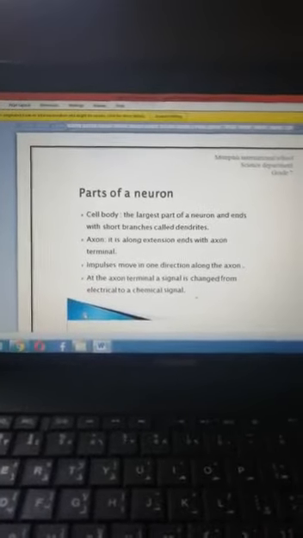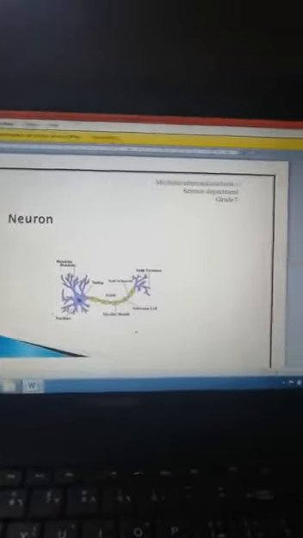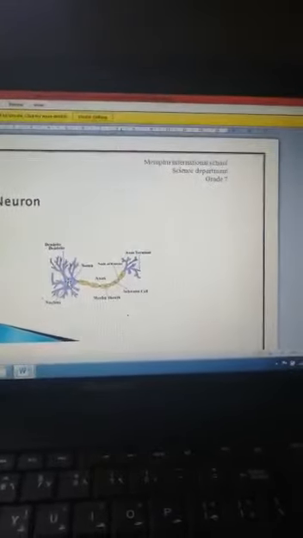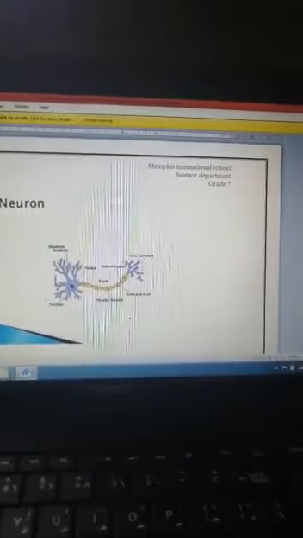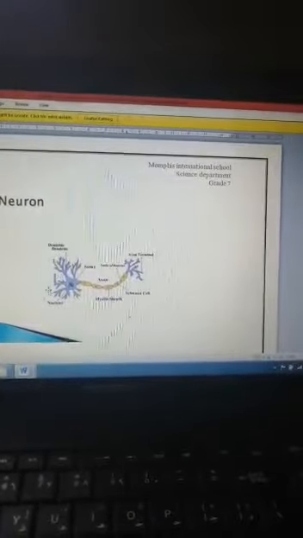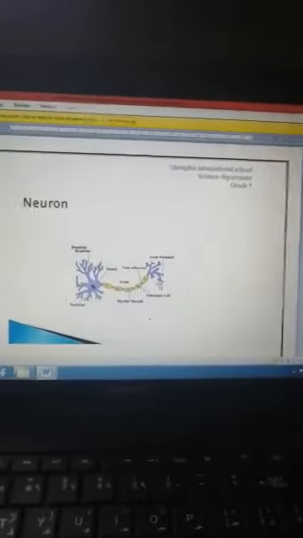Number 3, axon terminal, where a signal is changed from electrical to chemical signal. This is a neuron: cell body, axon, and axon terminal. Cell body ends with dendrites, axon ends with axon terminal.